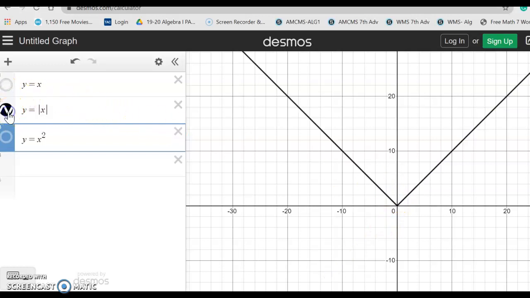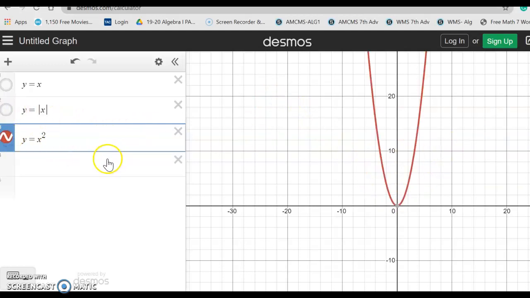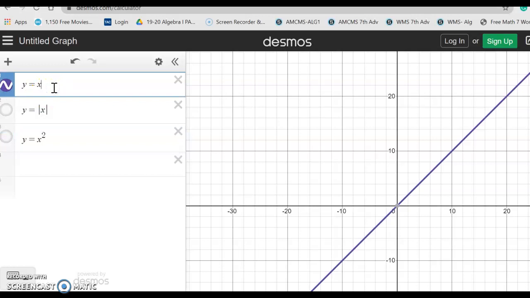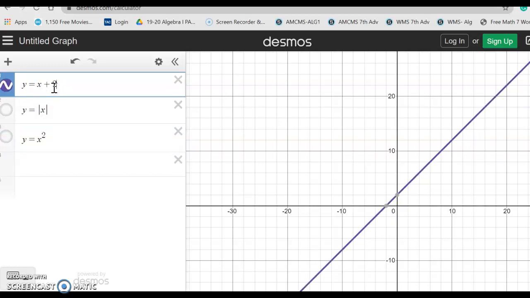And then we did the absolute value function, y equals the absolute value of x. And then we just got done with quadratics, and all quadratics look like this. Remember that when we had a line, if we wanted to move it up, we added 2.